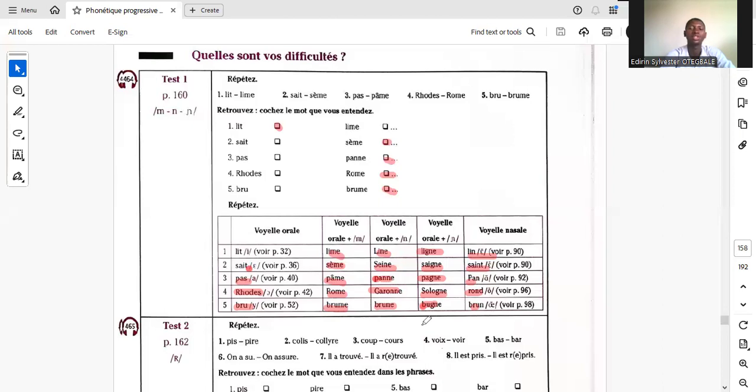So you have that phoneme there. So we have oral vowels, oral vowels and M, oral vowels and N, oral vowels and gn. However, there are times that the M and N will not be produced. Though they are there, they will give you a nasal. That's what we just saw in the last column.